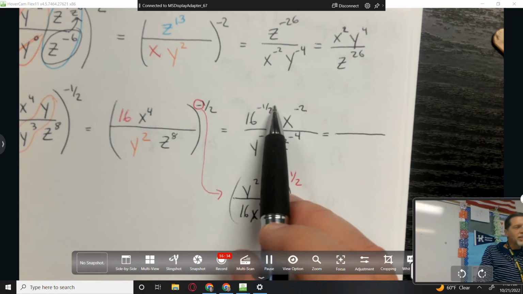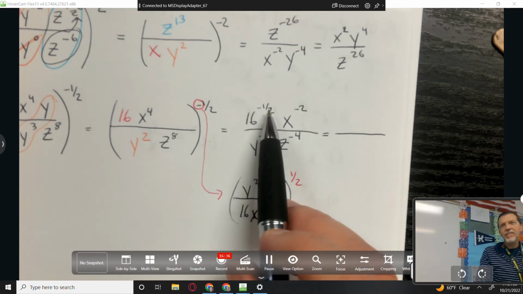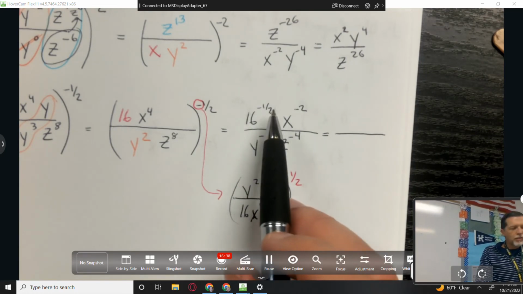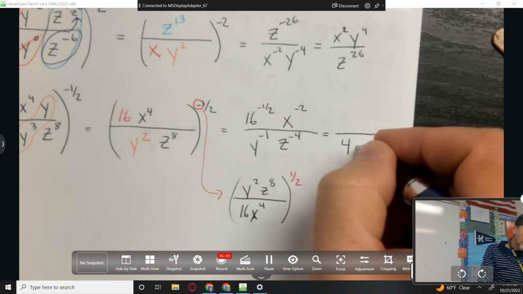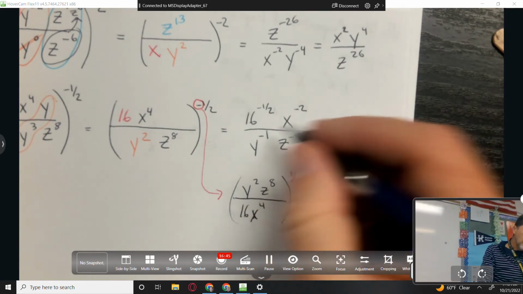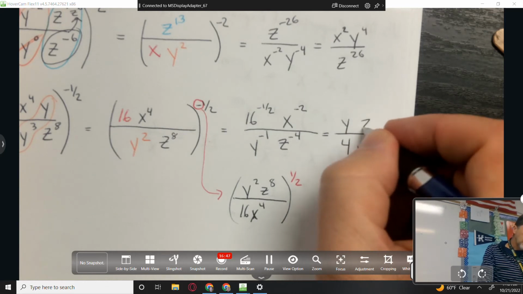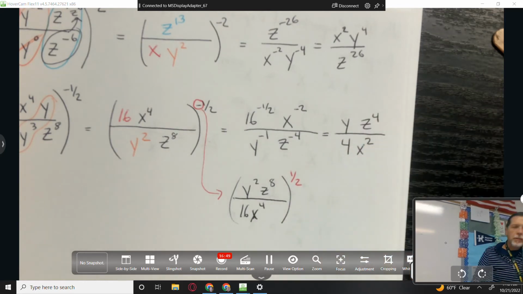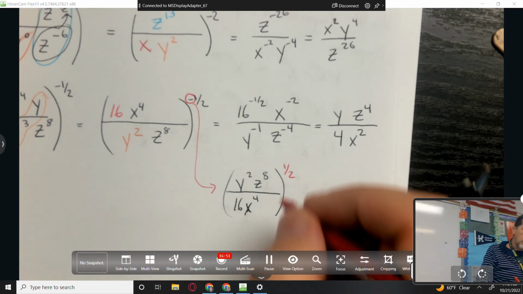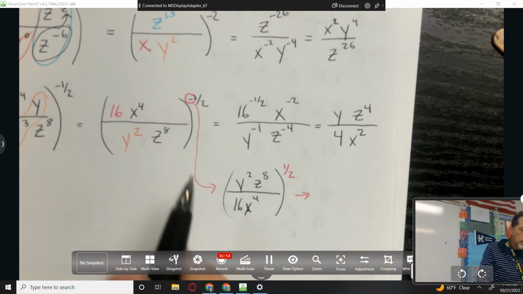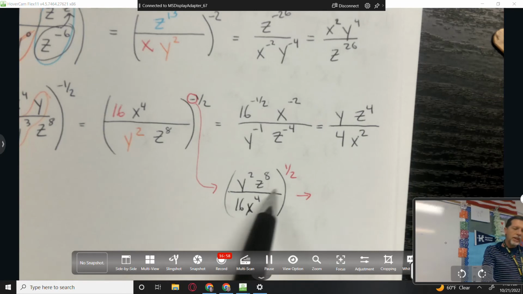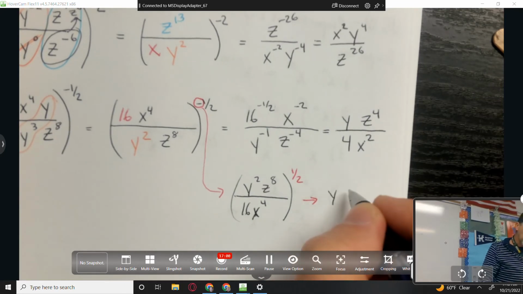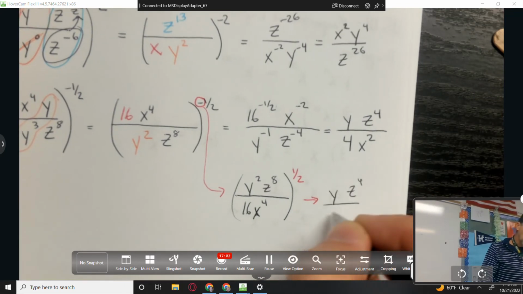So what's 16 to the negative 1/2? That's 4 on the bottom, because 1/2 is a square root, but negative flips it over. X to the negative 2 puts that in the bottom, y to the top, z to the 4th to the top. If we had chosen to only use the negative to flip everybody and then did the 1/2, we'd still get y z to the 4th over 4 x squared.